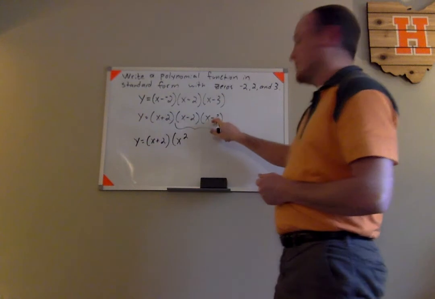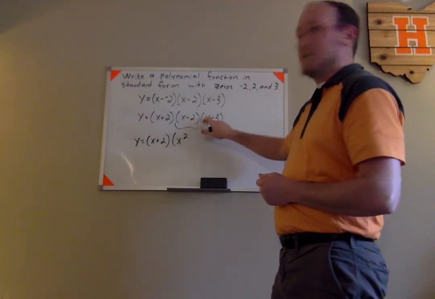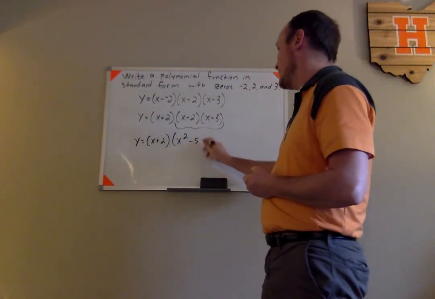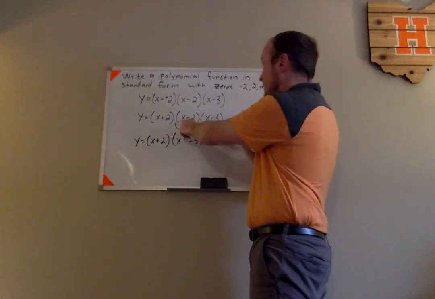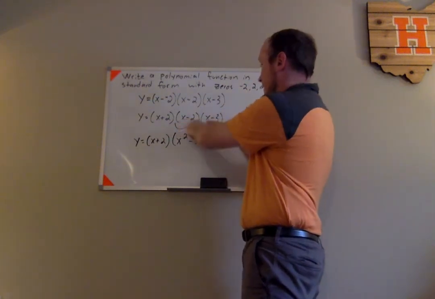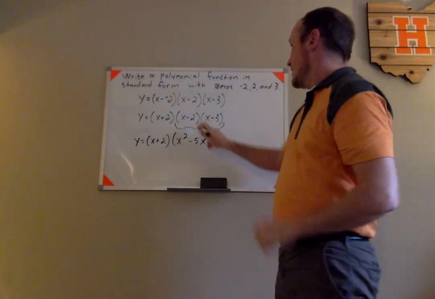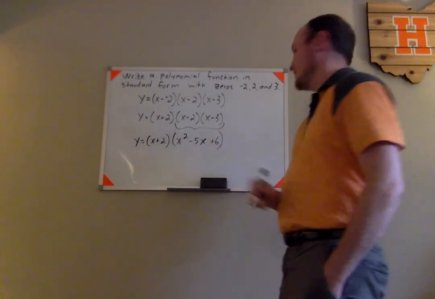X times -3 makes -3x. -2 times x makes another -2x. -3x and -2x makes a total of -5x. Again, I just did those two steps and combined like terms all in one. That gave me -3x there. That gave me -2x there. That's a total of -5x. And then finally, -2 times -3 is +6.